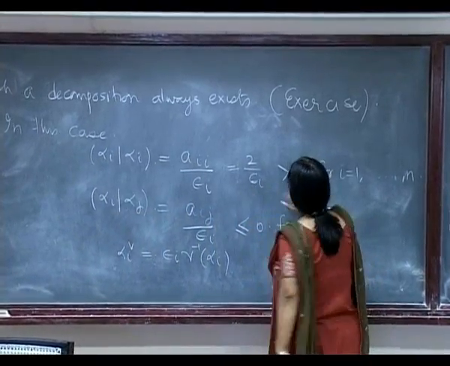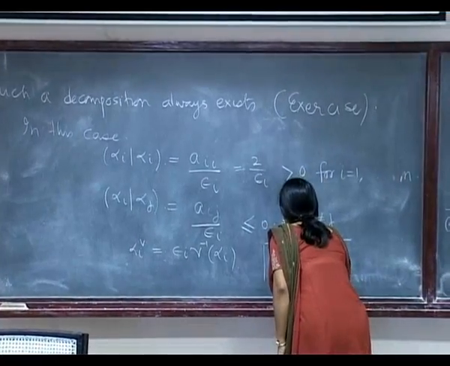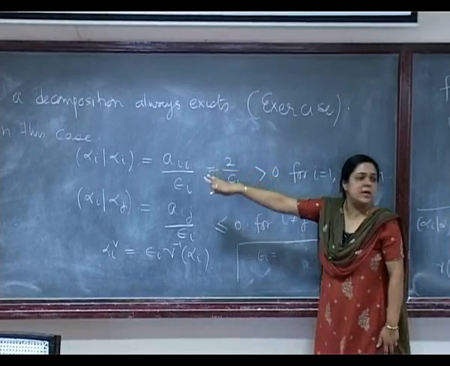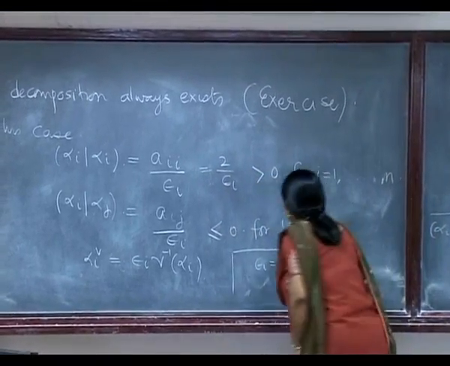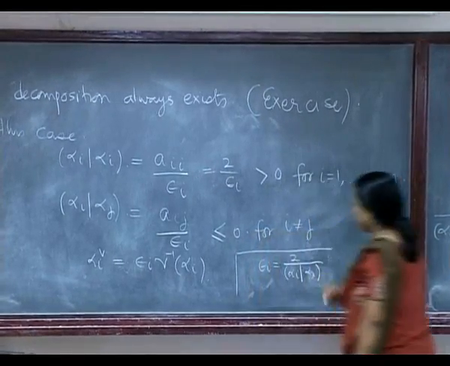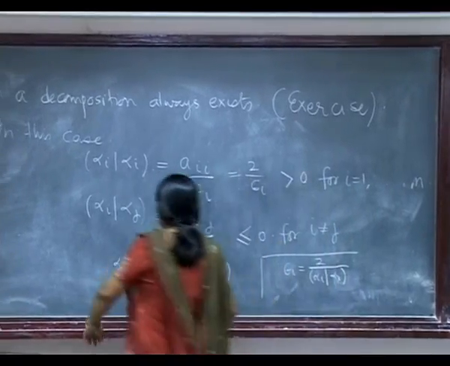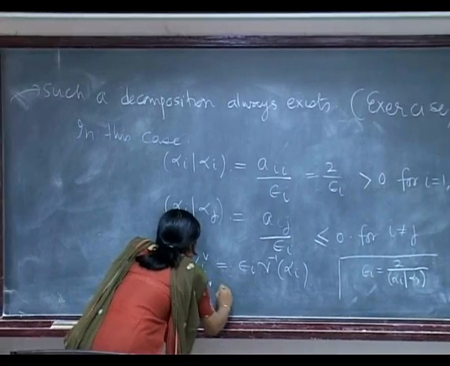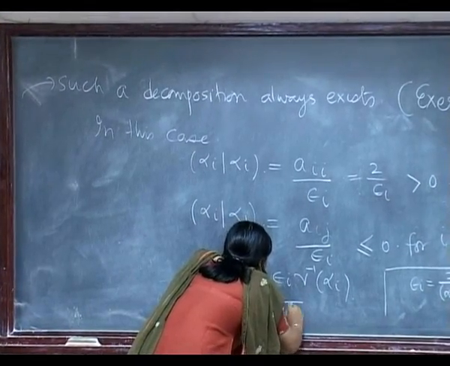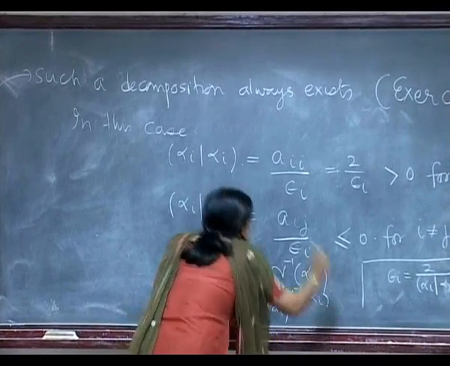From the earlier equation, epsilon I is 2 upon alpha I alpha I. So we have concluded that alpha I check is equal to 2 upon alpha I alpha I times nu inverse alpha I.